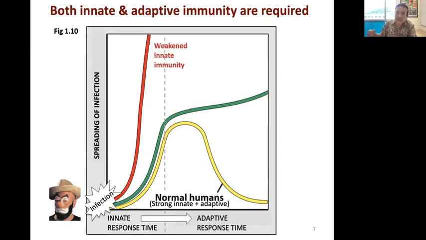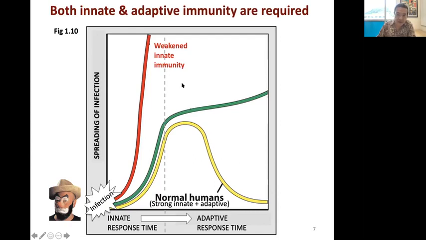You can imagine some people may be born with alleles in the genes or mutations in certain genes that code for these different parts of their innate immune system, proteins that function by themselves or parts of cells. So those people might have a weakened innate immune system, even though they still have a perfectly fine adaptive side.